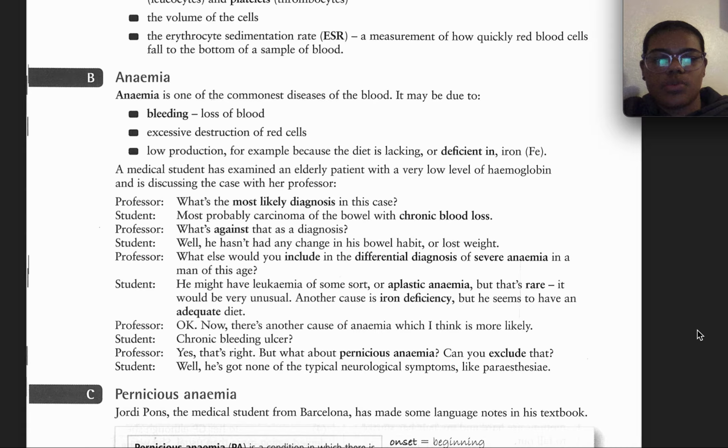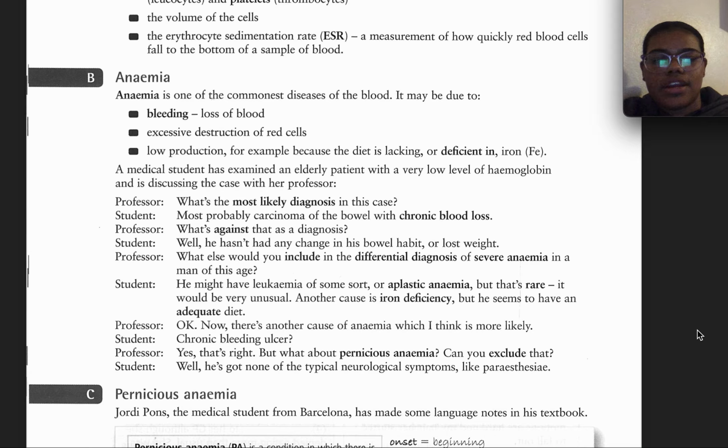Professor, what else would you include in the differential diagnosis of severe anemia in a man of this age? Student, he might have leukemia of some sort or aplastic anemia, but that's rare. It will be very unusual. Another cause is iron deficiency with the sense to have an adequate diet.